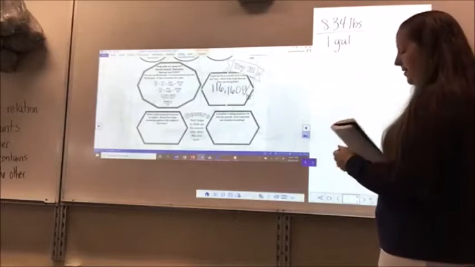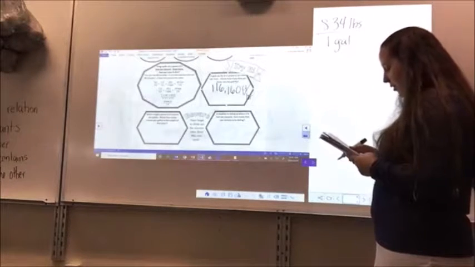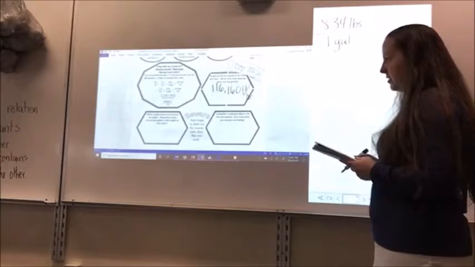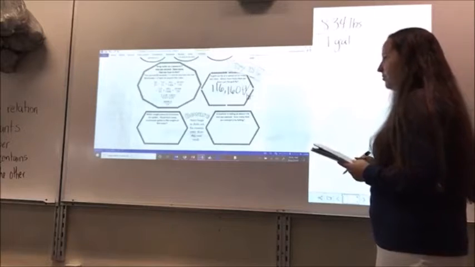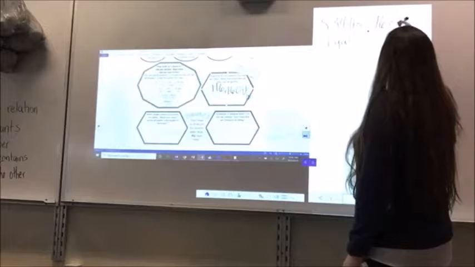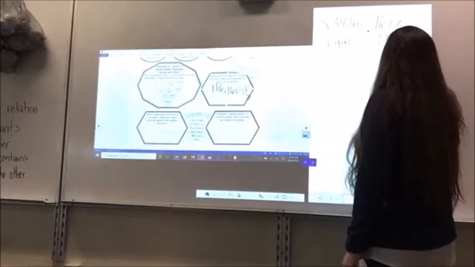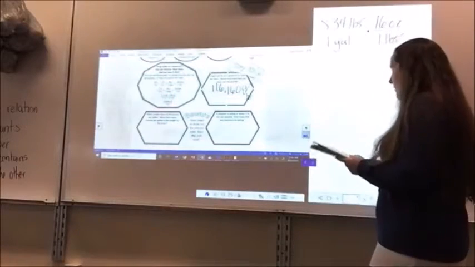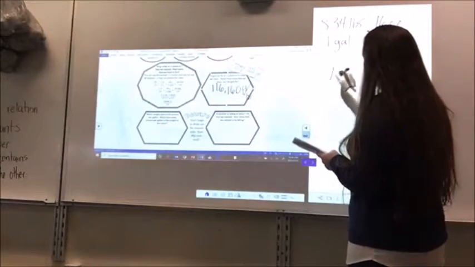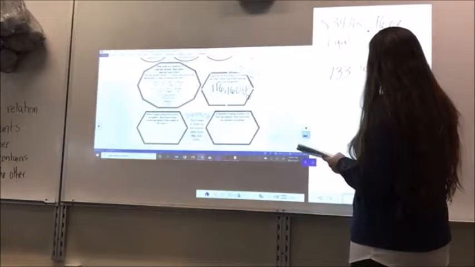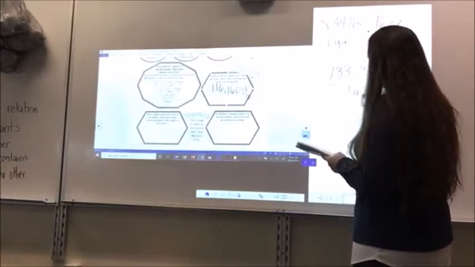My gallons stay the same. According to my table, there are 16 ounces in a pound, so I multiply by 16 ounces over 1 pound. My pounds cancel. 8.34 times 16 gives me 133.44 ounces per gallon.